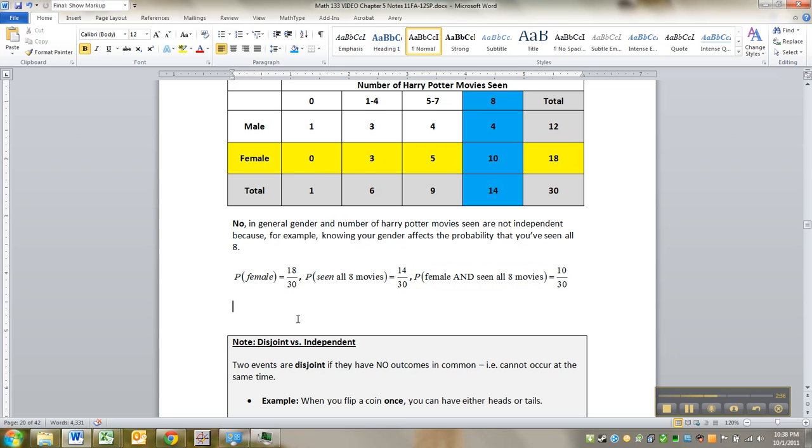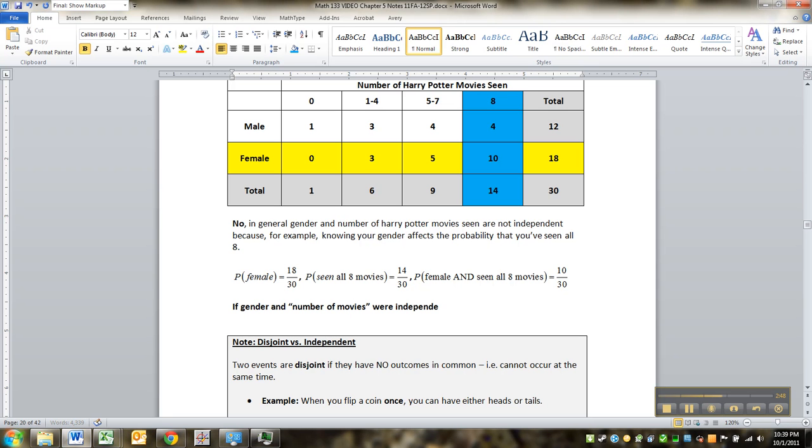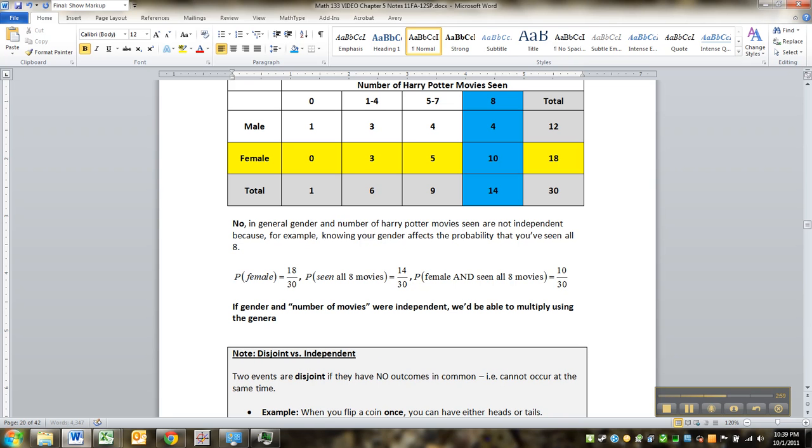So if gender and number of movies were independent, we'd be able to multiply using the multiplication rule for independent events.